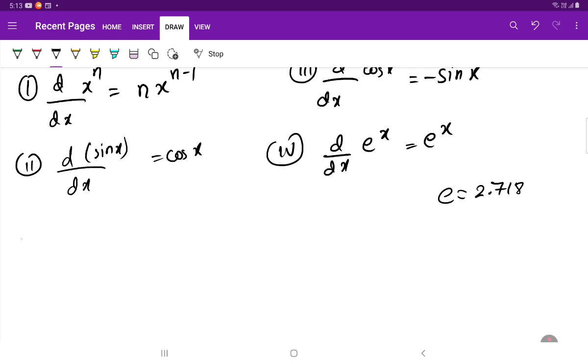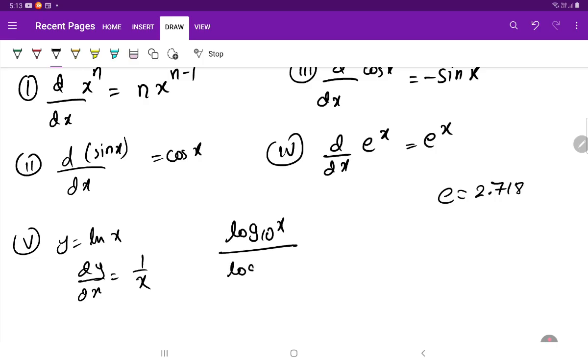Now coming to the fifth formula, another function you will get is y equals ln x. In that case dy/dx equals 1/x. If you have any question about ln x, it's written as log base 10 x upon log base 10 e. If you don't know about log, don't worry, you will be taught about log in the fundamentals of mathematics wherever you study.